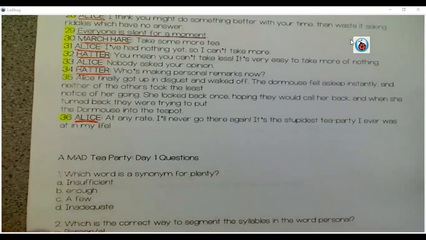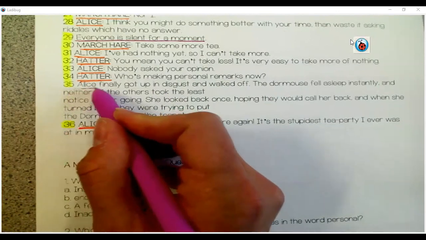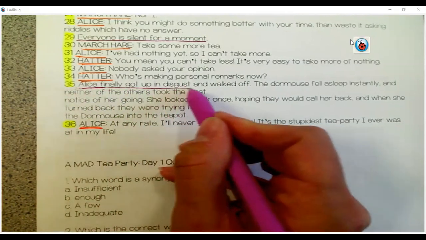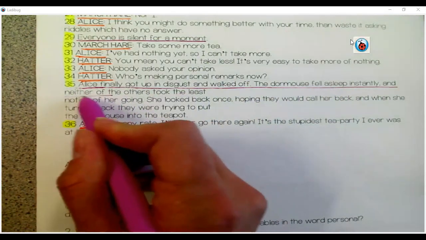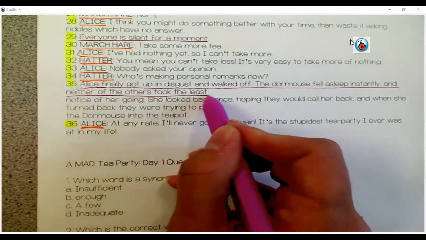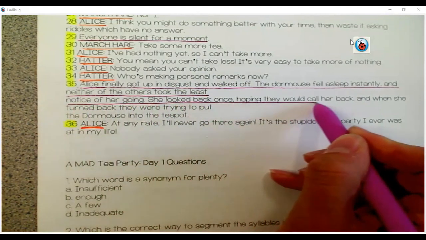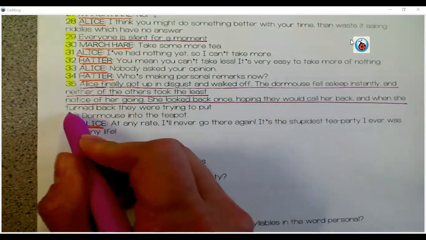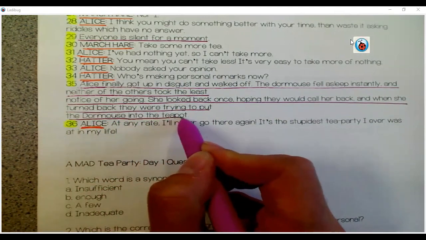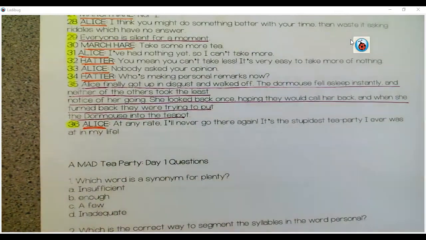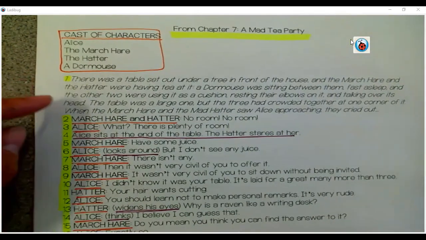All right, so you might have noticed, oh, and let's look at 35. So 35 is nice and long. All right, so you might have noticed that I skipped the first line here.